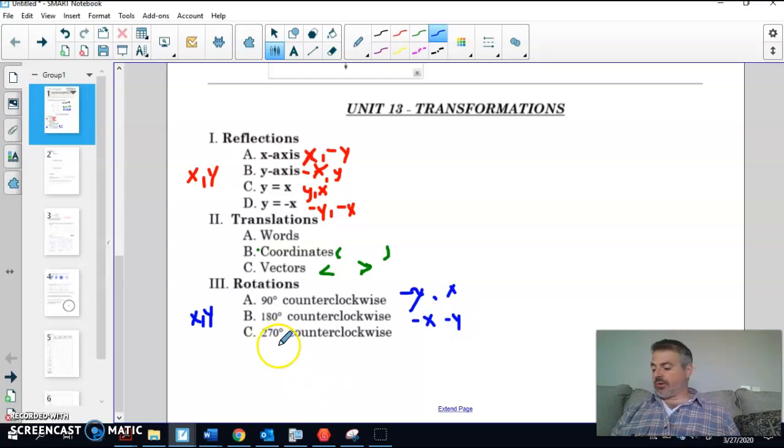And then lastly, 270 degrees, that's where you flip and then change the sign on the x value, so you end up with (y, -x). Those are some common rotations that we looked at over the last couple of days.